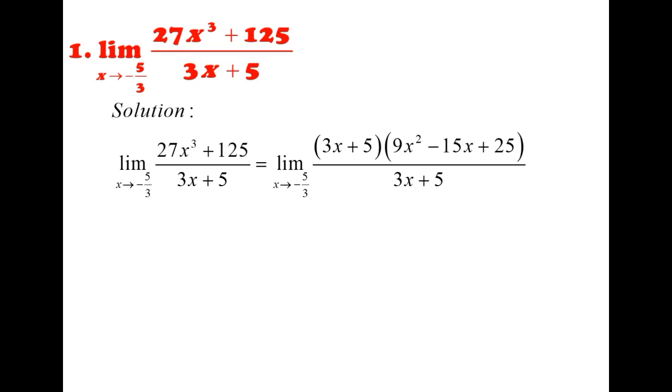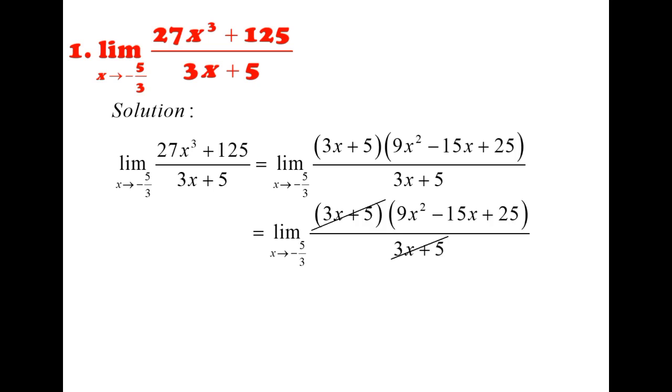Then all over 3x plus 5, since 3x plus 5 cannot be factored anymore, as x approaches negative 5/3. As you can see, we have 3x plus 5 in the numerator and 3x plus 5 in the denominator, so we are going to cancel that by means of the multiplicative identity.